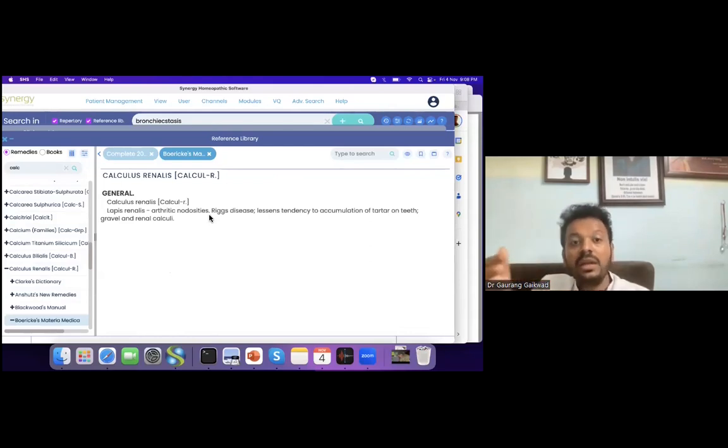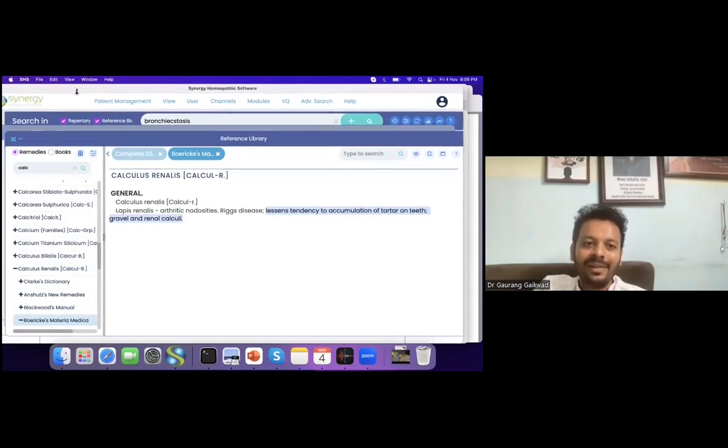If there is recurrent renal calculi, then one of the most important remedies is the remedy prepared from renal calculi, and that is calculus renalis. I generally use it in 30 potency. And this remedy reduces the tendency for accumulation of tartar, calcification, mineralization of the teeth. Very beautiful. Calculi renalis, ladies and gentlemen.